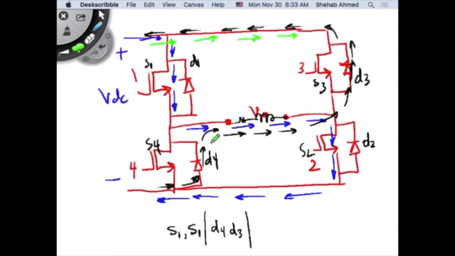So what was happening to the current, the blue current? It was decreasing in value. You have an inductor and a voltage source opposing it, so the current decreases. And after you've exhausted the energy in the inductor, you flip the polarity of current by turning on S3 and S4.